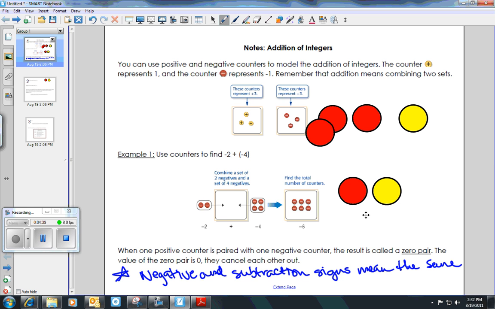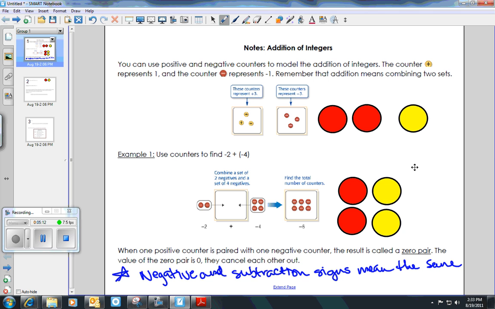Well, if I give you 1, a +1, and then I take away 1, which is a -1, you're not going to have anything left. If I give you 1 and then I take it away, you have nothing. So 1 positive and 1 negative make 0. Same thing with 2 positives and 2 negatives. If I give you 2 and then I take away 2, you have nothing left.